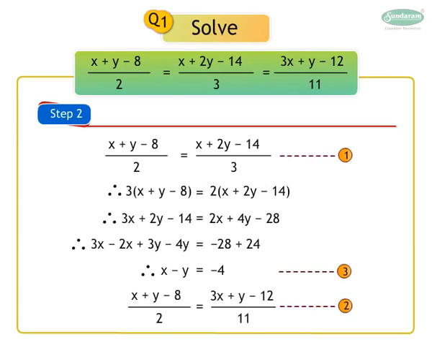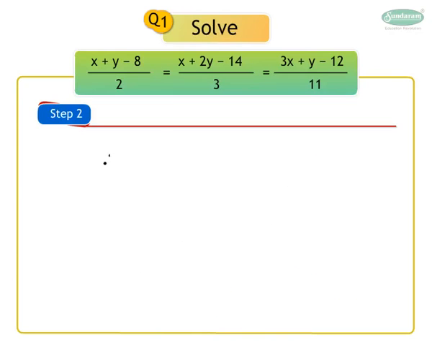Similarly, we simplify equation 2. The factor by which we multiply the whole equation is the LCM of 3 and 11, which is 33. Therefore, 11 into (x plus 2y minus 14) is equal to 3 into (3x plus y minus 12).